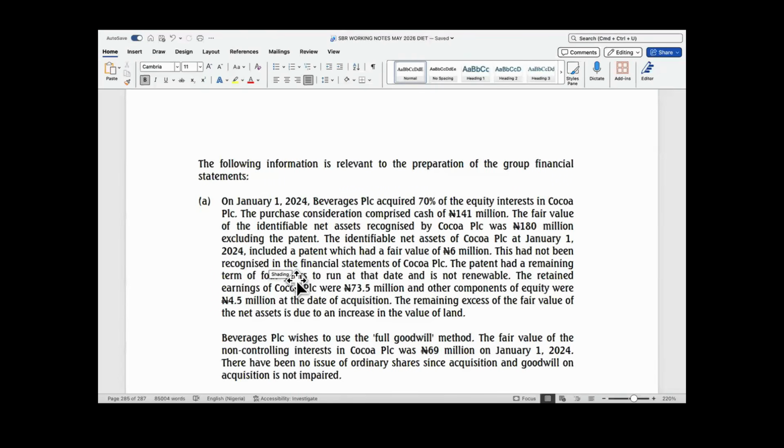The patent had a remaining life of 4 years at that date and is renewable. The retained earnings of Cocoa were 73.5 million. Other components of equity were 4.5 million. At the date of acquisition, the remaining excess of the fair value of the net asset is due to an increase in the value of land.